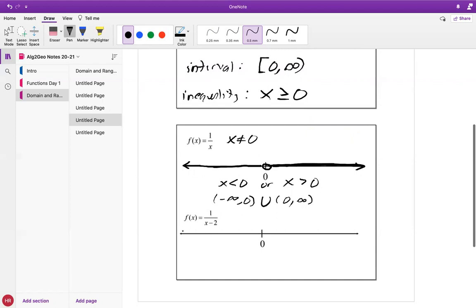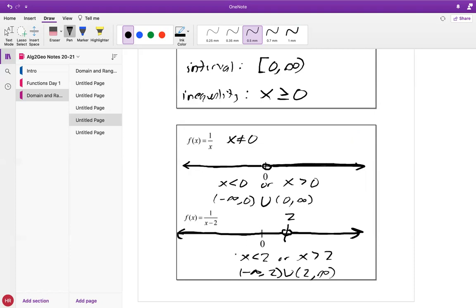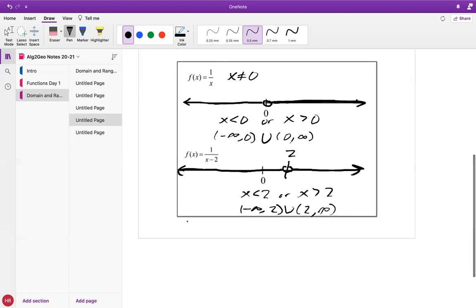And very much in the same way, this one looks something like this, where now it's 2 that I'm taking out. And so I end up with x less than 2 or x greater than 2. And then all the x's from negative infinity to 2 combined with all the x's from 2 to infinity. I think it's helpful to think about what this piece in here does, the 2 parentheses union parentheses 2.